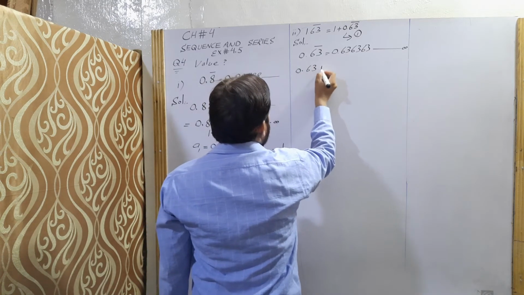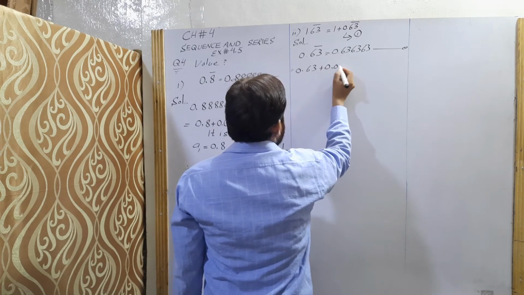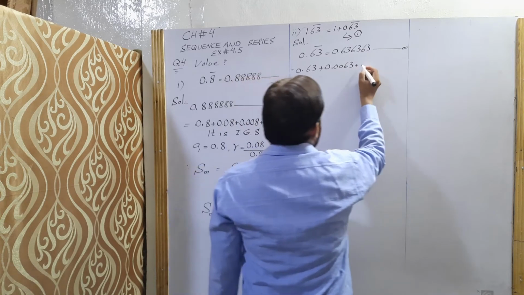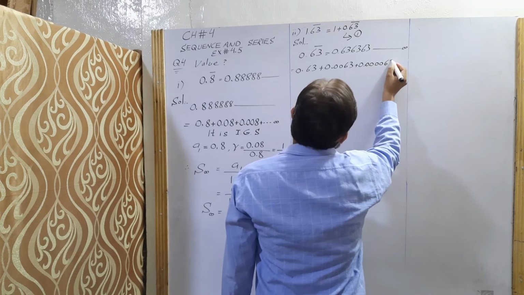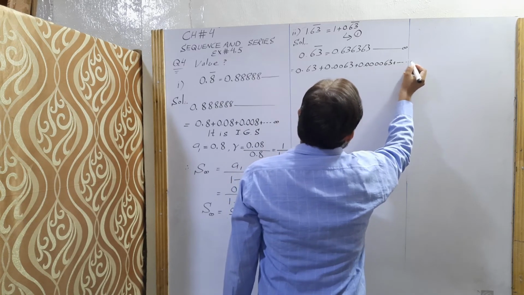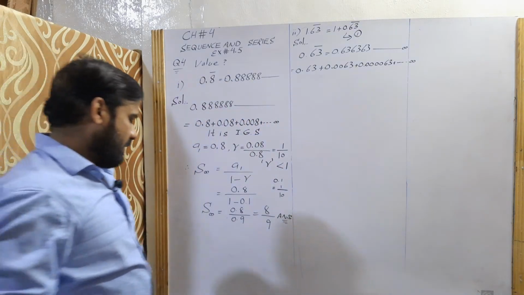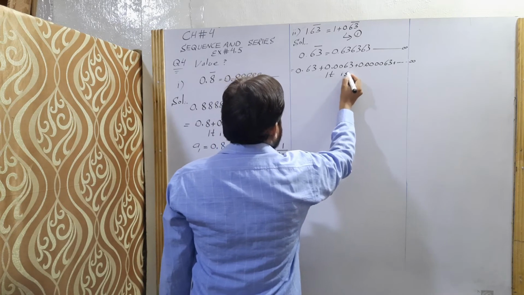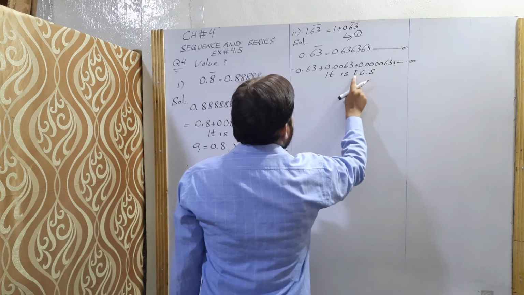This can be written as 0.63 plus, how many digits are there? 2 digits. So 2 zeros and 63, so there are 4 digits: 0.0063, plus up to infinity. We can write it in summation form up to infinite terms. It is an infinite geometric series.